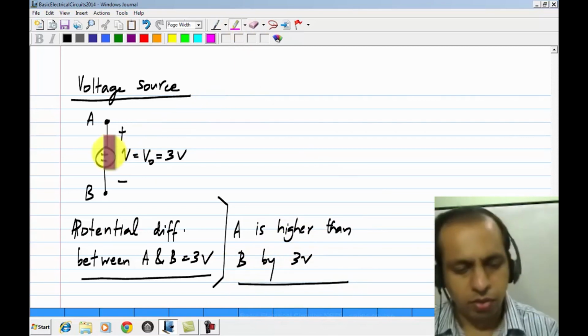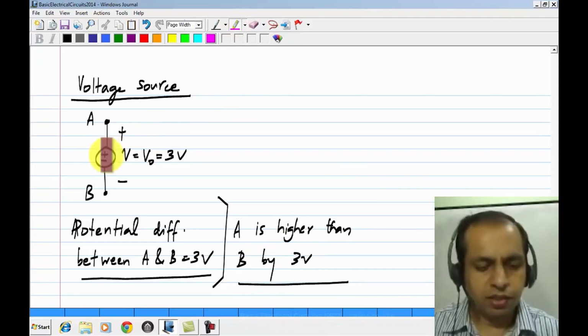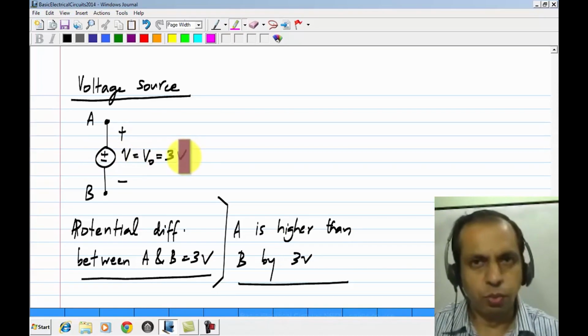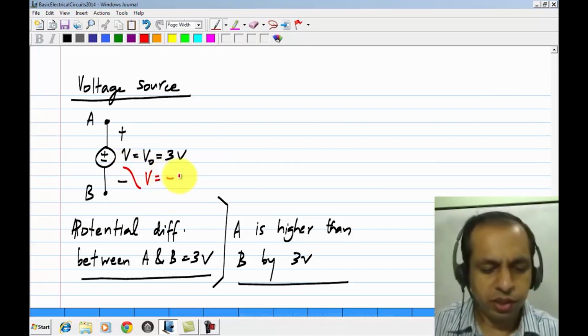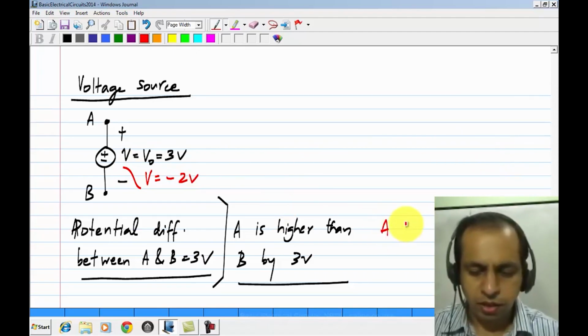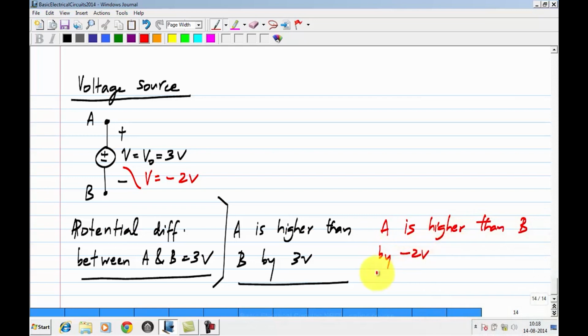Now, again, I want to emphasize that the polarity shown here is for the definition of the voltage. The voltage itself could be positive or negative. So, let me take another case where V defined this way is minus 2 volts. What it means is that A is higher than B by minus 2 volts, which is equivalent to saying A is lower than B by 2 volts.